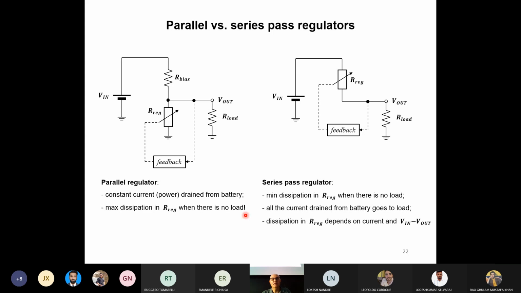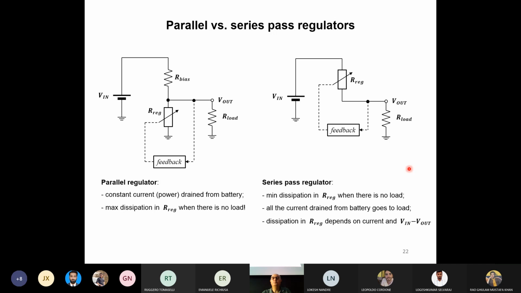This means that this component here will heat a lot. So we must dissipate the power. Okay. So this is very inefficient, and usually it's not used unless we have a particular application like what I told you. The other approach instead is of having a series pass regulator.